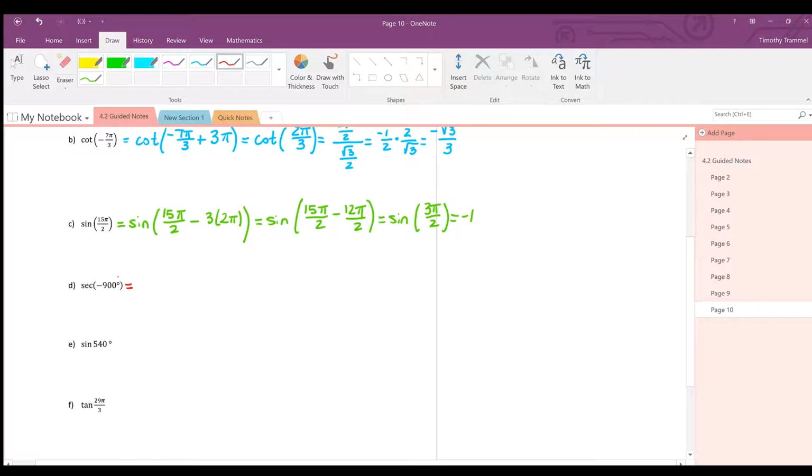Before we jump to our unit circle with this one, let's just rewrite this in terms of cosine first. And maybe we don't want to deal with this negative angle, so maybe we should add some 360s this time because we're in degrees. Let's go ahead and do that. How many do we want to add? Let's try 3 of them.